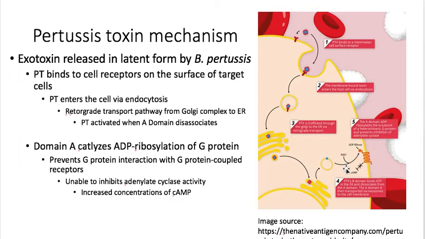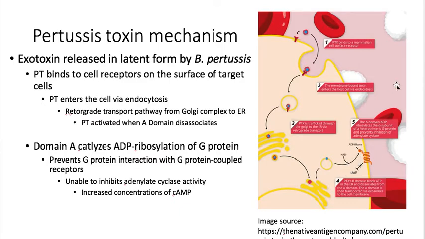Once it's activated, it will actually ADP ribosylate the G protein, which just means that it's going to transfer an ADP ribosylase to the G protein, specifically to the alpha subunit. This prevents G proteins from interacting with G protein coupled receptors, which are responsible for intracellular communications.